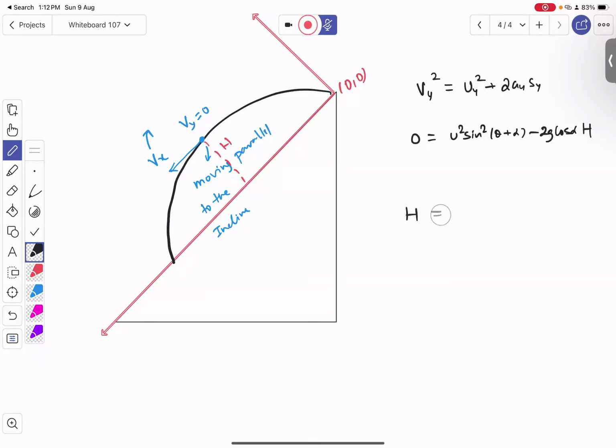So maximum height is equal to u square sine square theta plus alpha by 2g cos alpha. This formula is coming in a familiar way: it is uy square by twice the magnitude of the acceleration along y. I hope this is clear now.